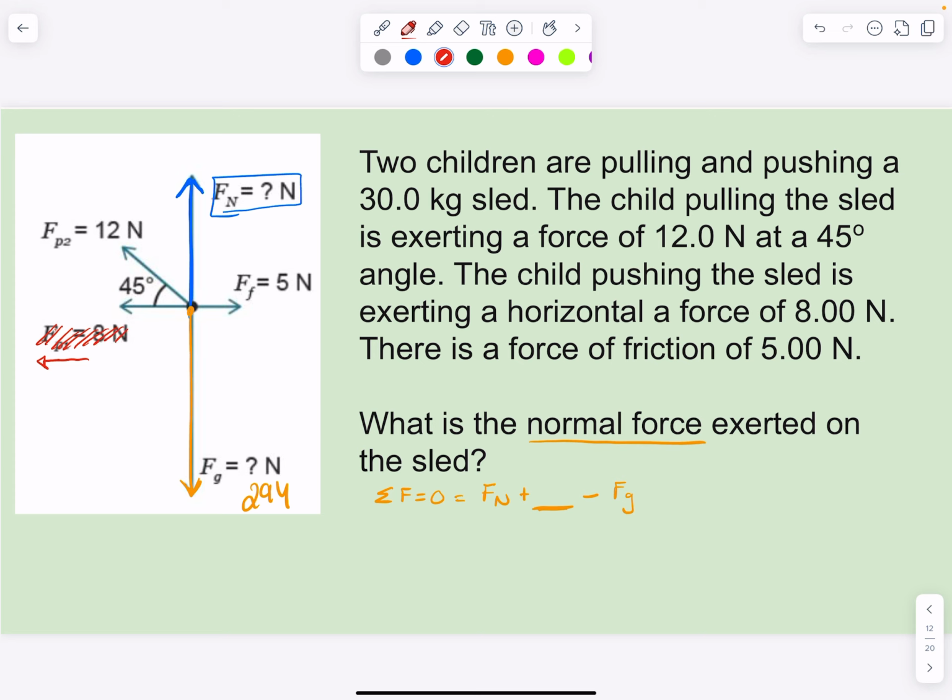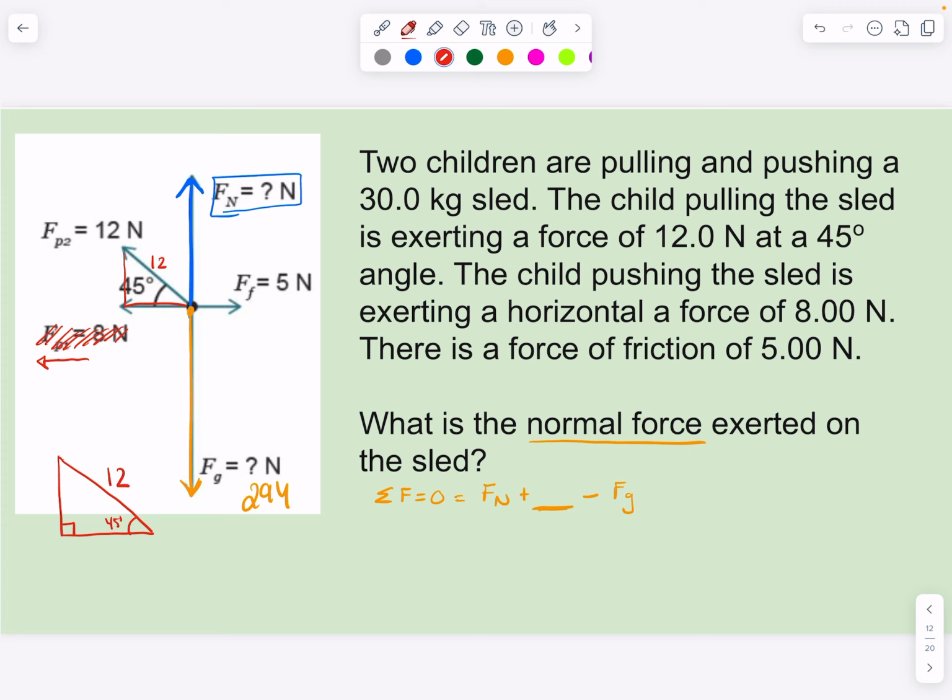But person number two is pushing with 12 newtons of force at a 45-degree angle, which means that there is a component in the vertical direction. If I was to separate this, think of this as its own little problem like so. And we have 12 there, and we have our right angle, and we have a value here of 45 degrees.